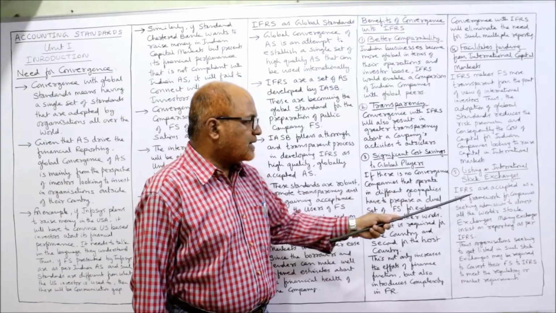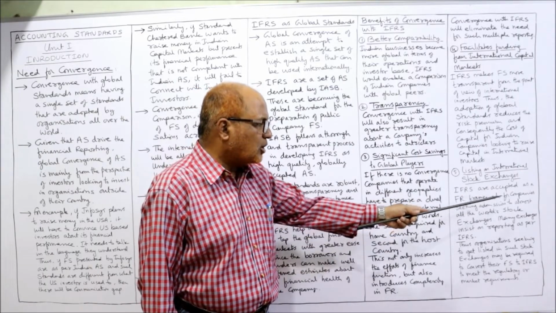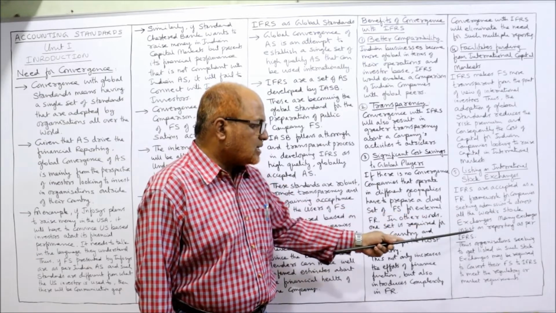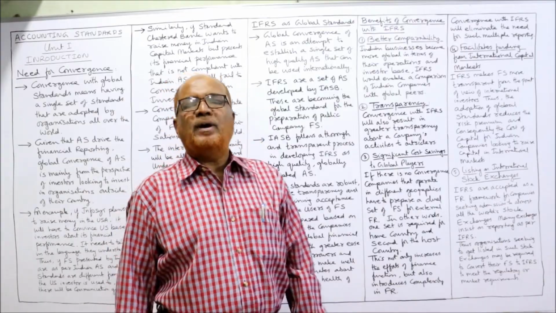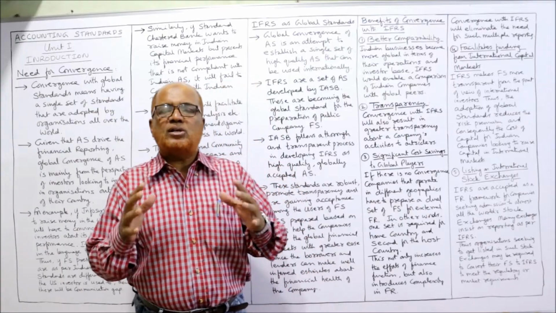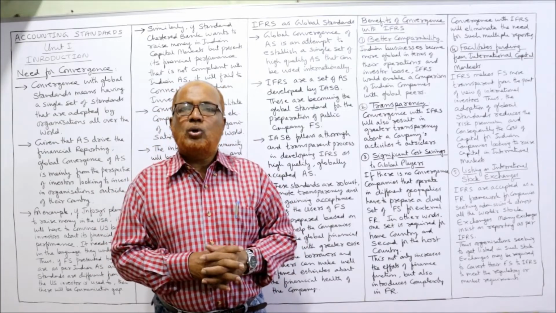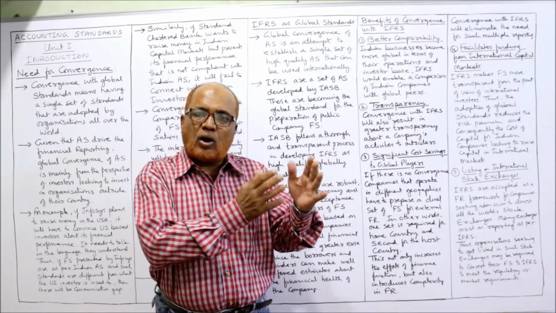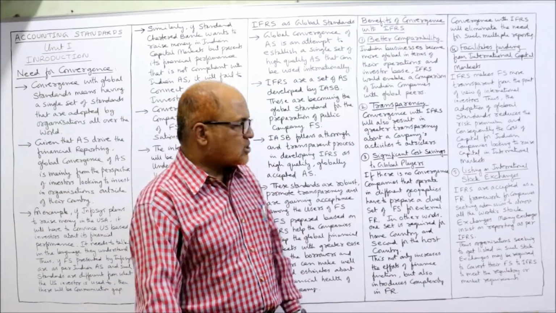IFRS are accepted as a financial reporting framework for companies seeking admission to almost all the world's stock exchanges. Many exchanges insist on reporting as per IFRS. So many reputed stock exchanges are insisting that companies follow IFRS. Then only they are allowed to list in the stock exchange.